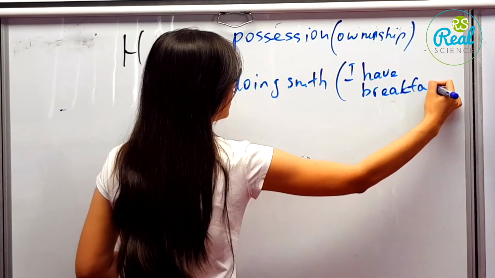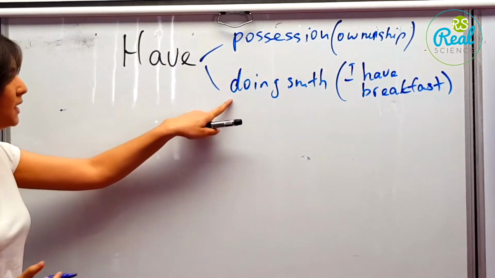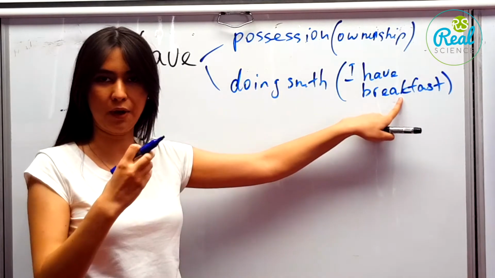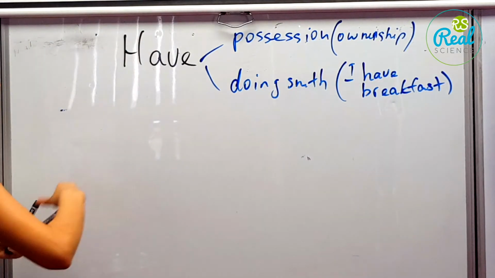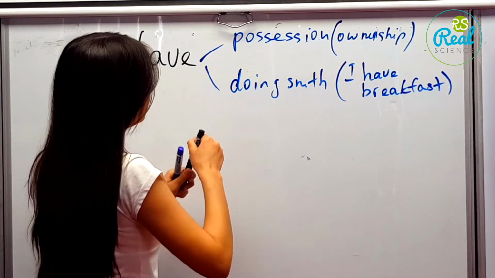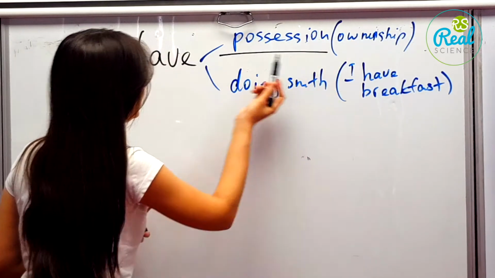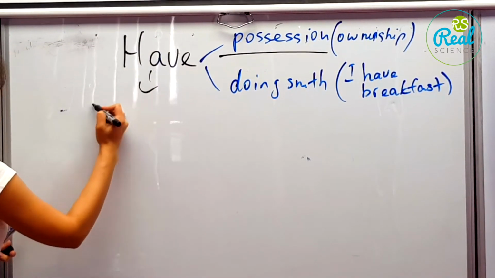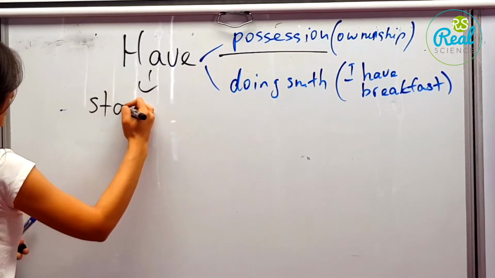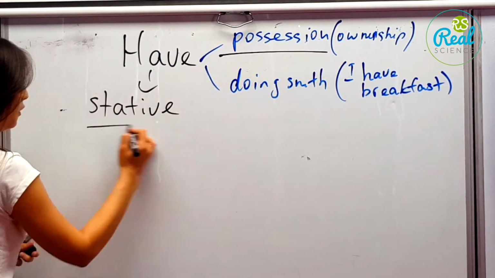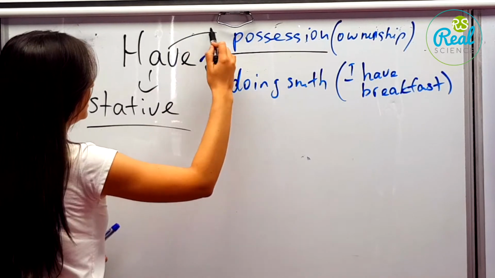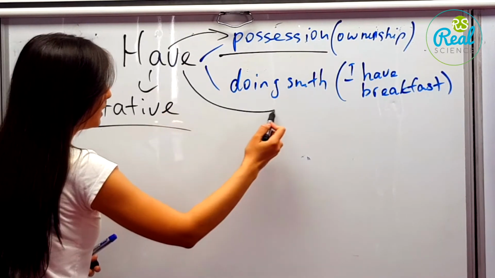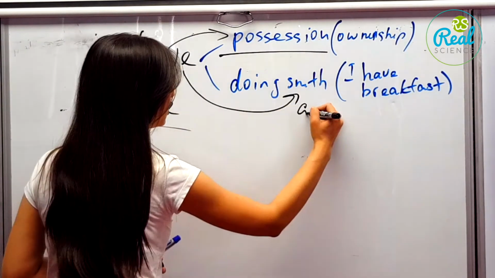So here, guys, the verb have means doing, eating breakfast. So when we talk about possession, in that case, have is used as a stative verb. When it comes to doing something, in that case, it is an action verb.